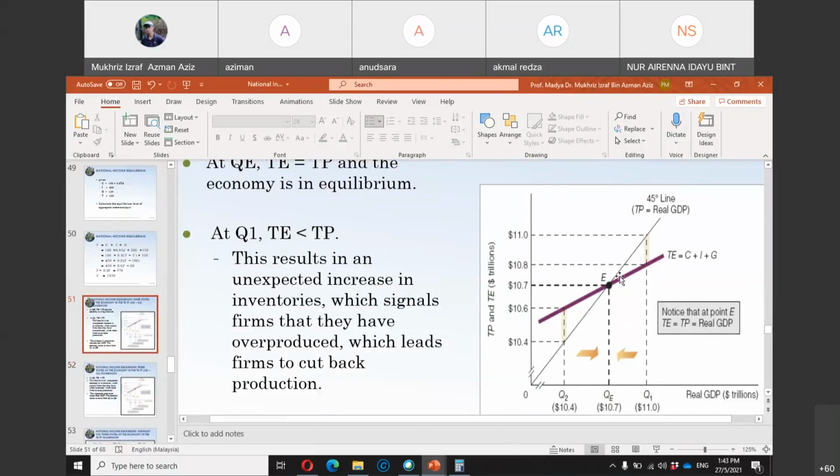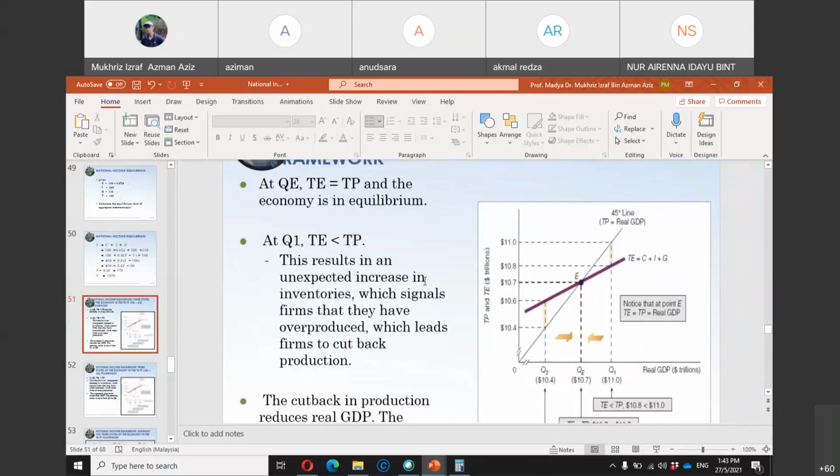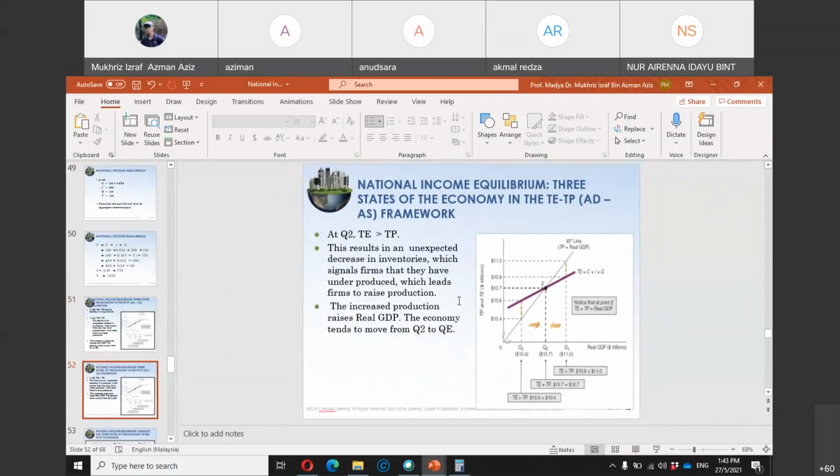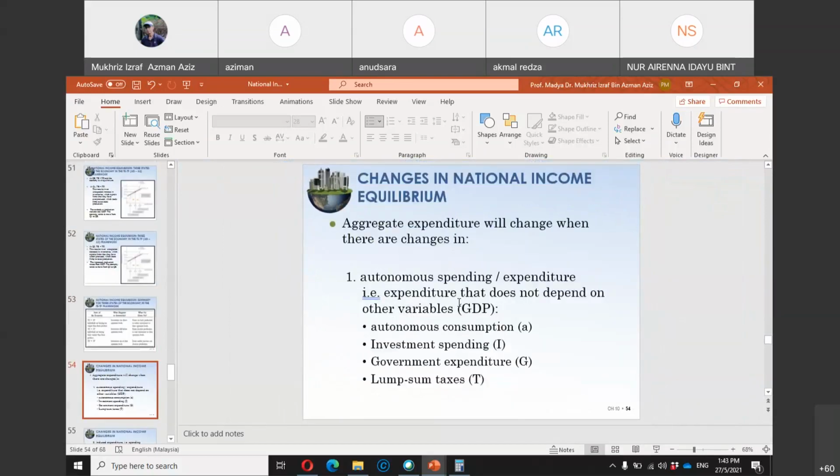The concept still remains the same. When the output line, the Y line, intersects with the aggregate expenditure line, you will find the amount of equilibrium. When the two lines intersect, that is when the economy achieves equilibrium.